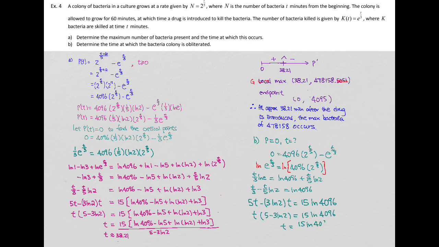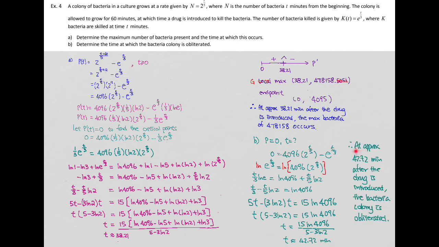And that will be our exact answer for t. And if you do it on the calculator, you will see t is approximately 42.72 minutes. Therefore, you will say at approximately 42.72 minutes after the drug has been introduced, the bacteria colony is obliterated.